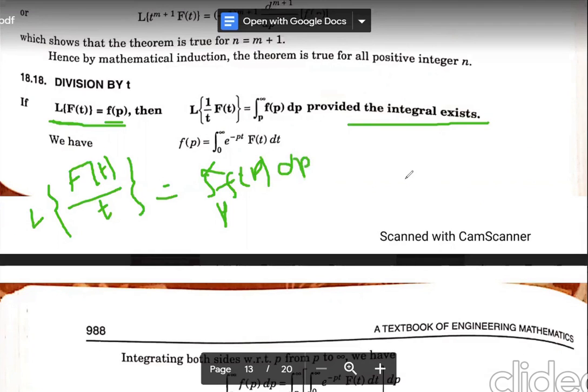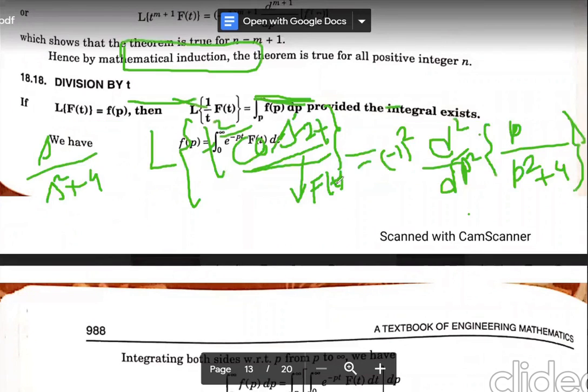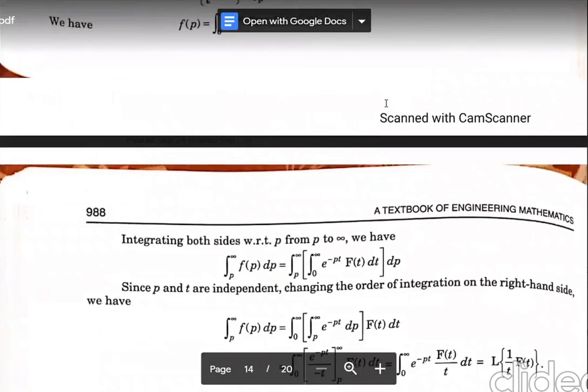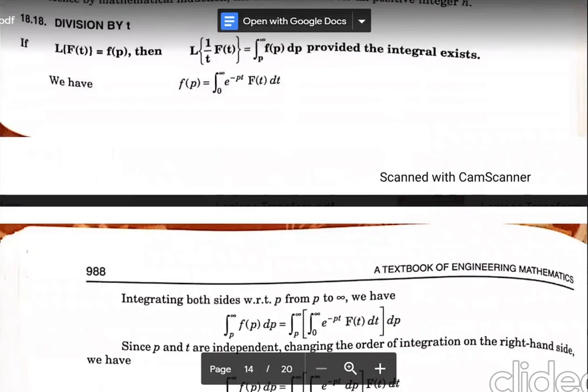So for example, if I would say the Laplace transform of sine of 2t divided by t, you need to find out the Laplace transform of this.